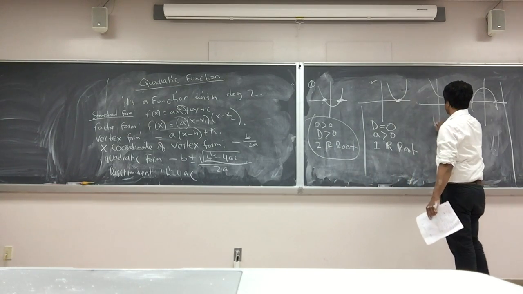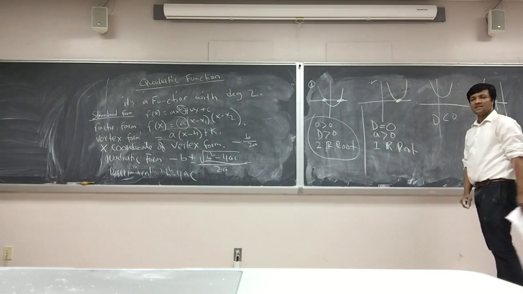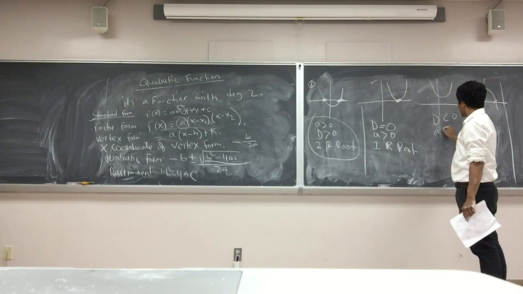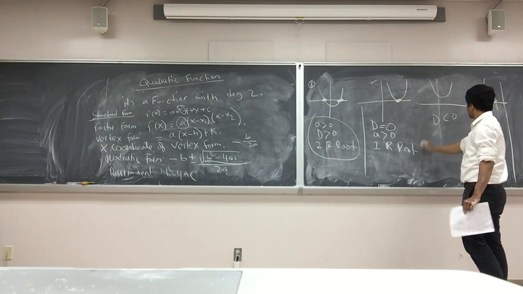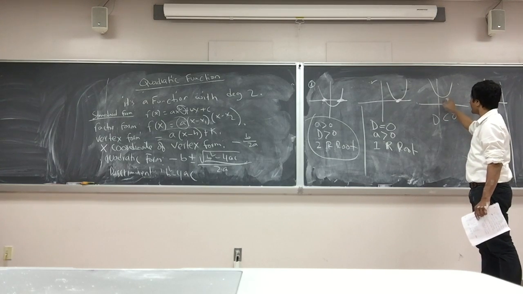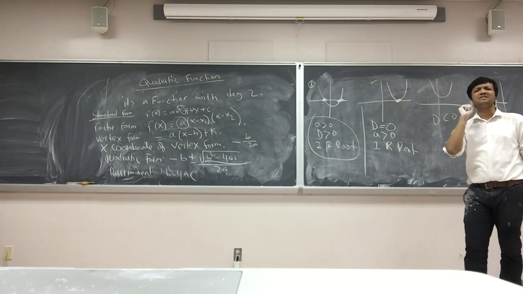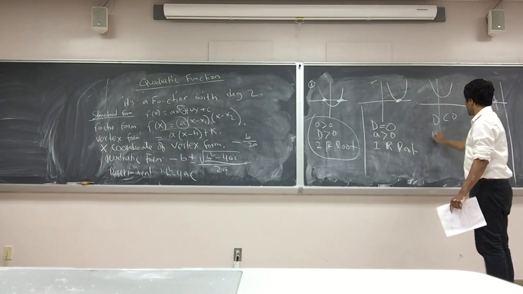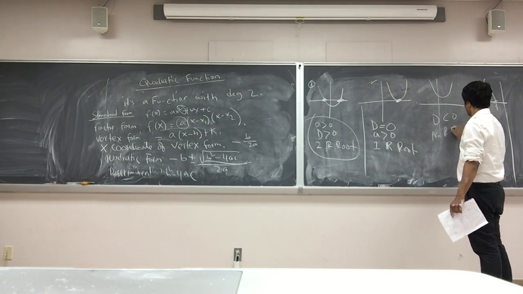When the discriminant is less than 0, or negative, and a doesn't matter, then it has no real root. It has an imaginary root. Only imaginary, no real root.